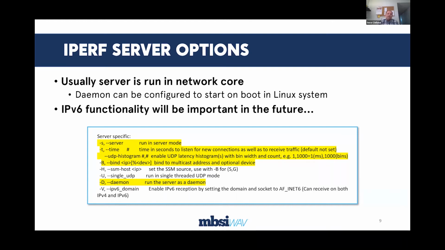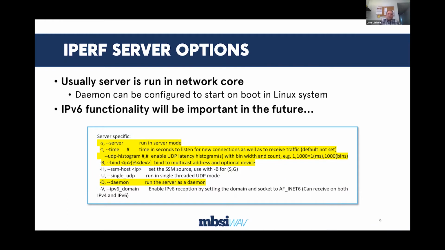And again, we can bind either multicast addresses or a device into the server instance so that the server is using a particular port in a case where there are multiple options available to it. And the capital -D there, run as a daemon, means that I can run it as a service inside of my Linux instance, and it frees up the terminal for something else.